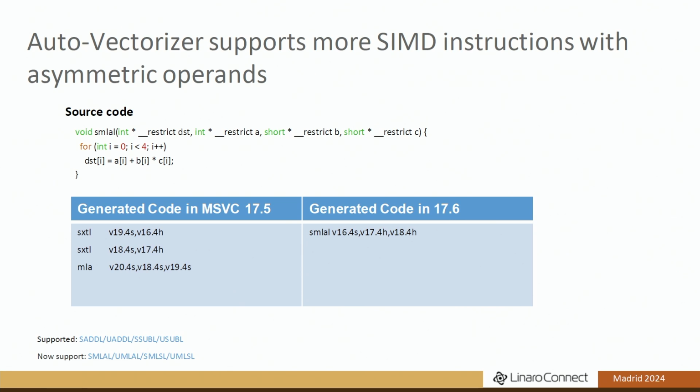That is called vector signed multiply accumulate long. So not only does it free up more SIMD registers, now it doesn't need to use vector 19 and vector 18, it also reduces the code size from 3 instructions into 1 instruction.